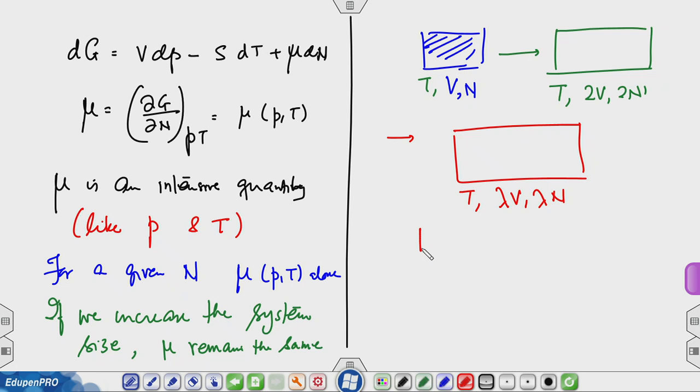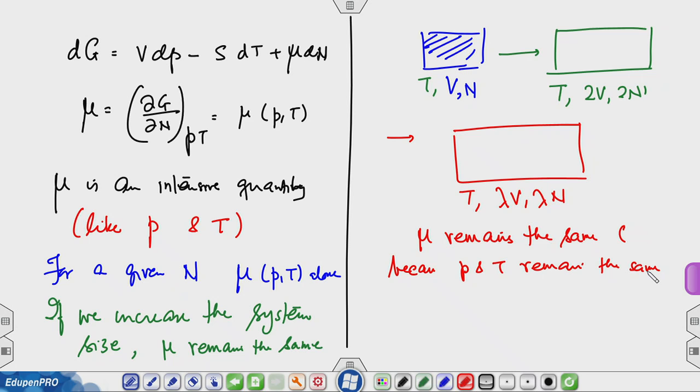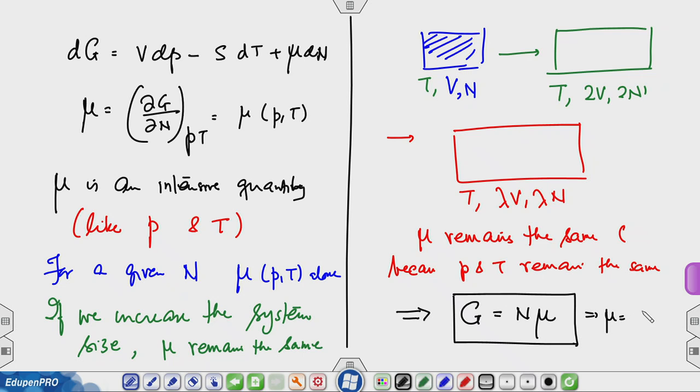Mu remains the same because P and T remain the same. And this immediately implies that G equals N mu. It's a very important result. And therefore, mu is G by N.